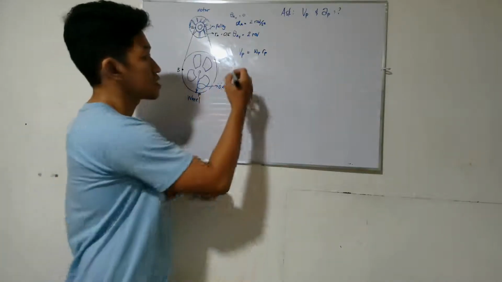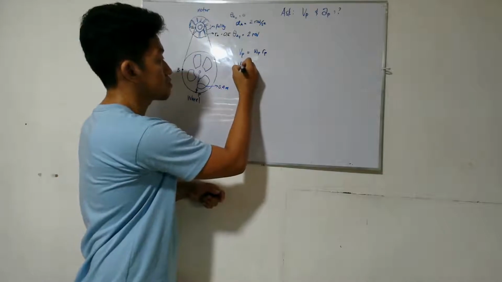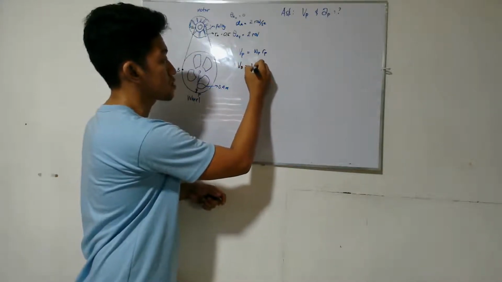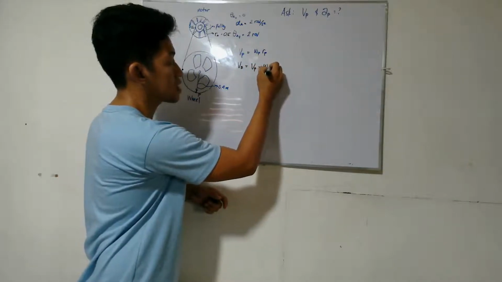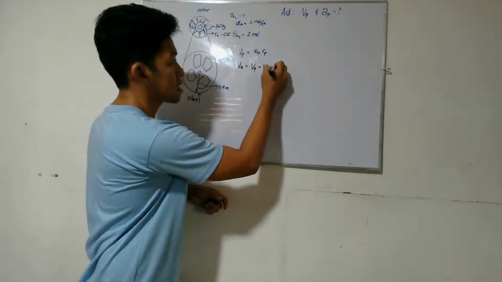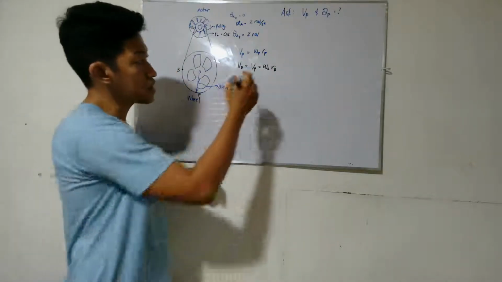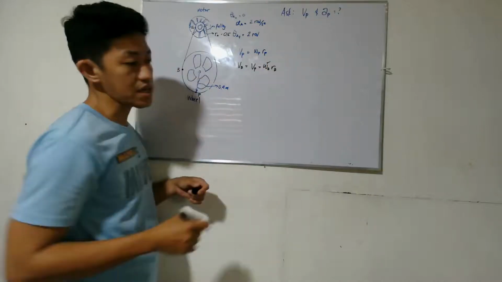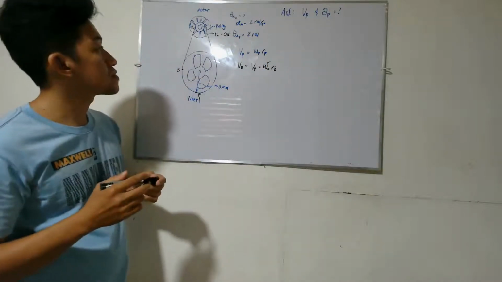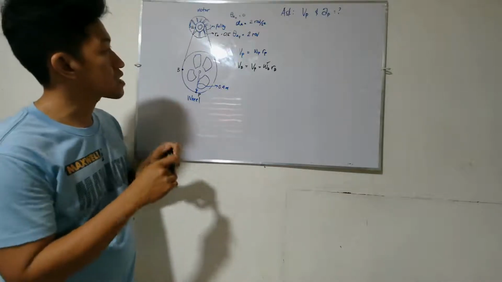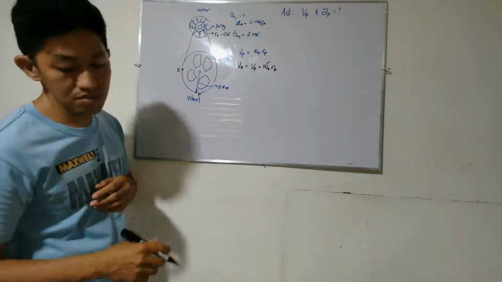So, velocity of point B is just equal to velocity of point P, is just equal to omega B times r sub B. Okay? So, therefore, we need to find the velocity of B. Dili man given.